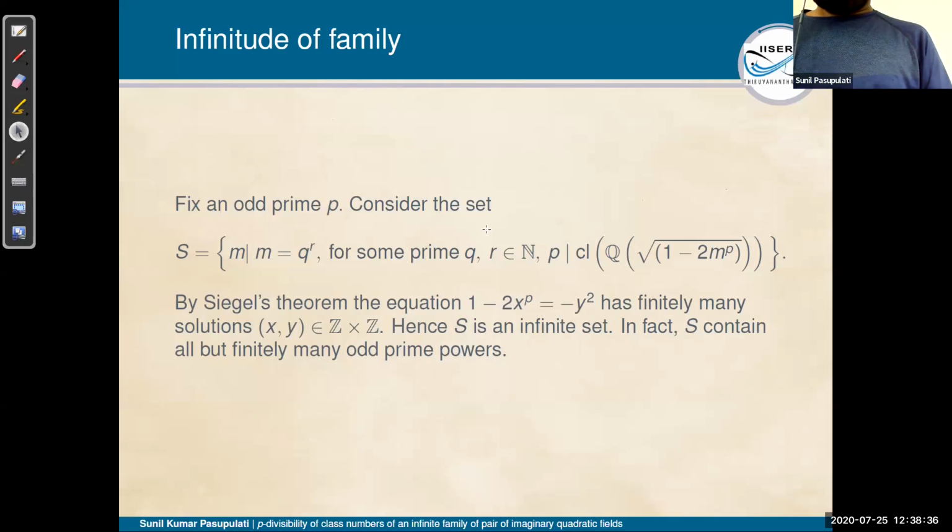If m is to be in this set, it should not satisfy this equation for any y. But we know by Siegel's theorem that this particular equation has only finitely many solutions. So S contains all but finitely many odd powers. This implies that the family we proved in theorem 1 is actually an infinite family.